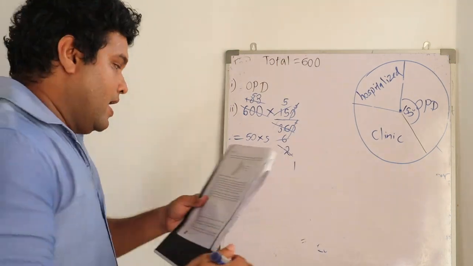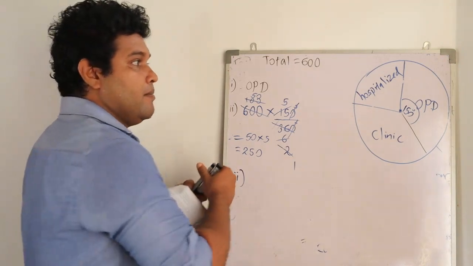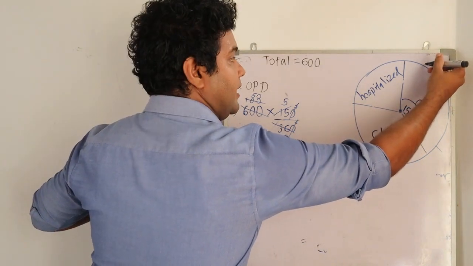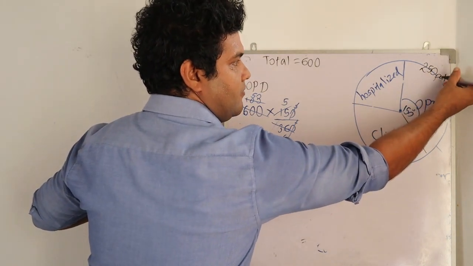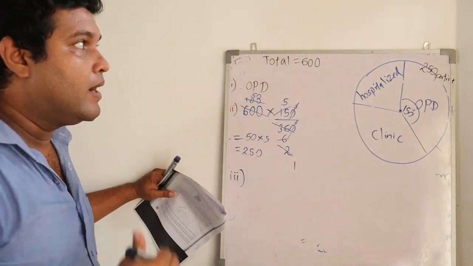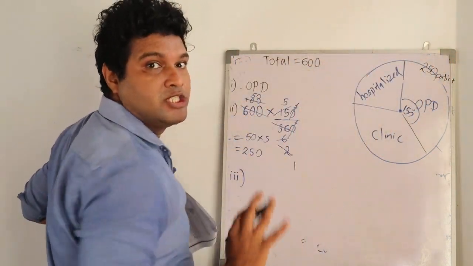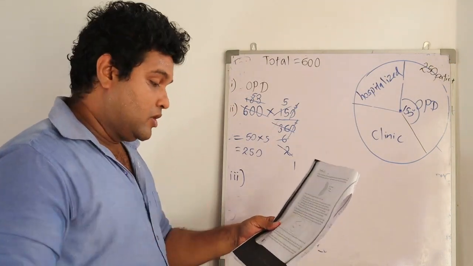Third one. Then you better mention the answer you previously obtained for your future purpose. 250 patients were there. I don't know whether it will be useful or not, but for your betterment you had to mention that. Third one, the final question of question number 2.